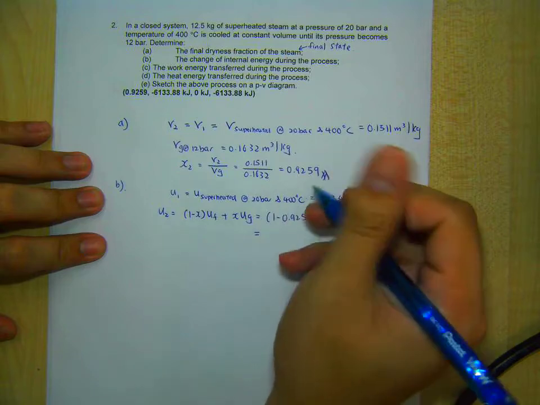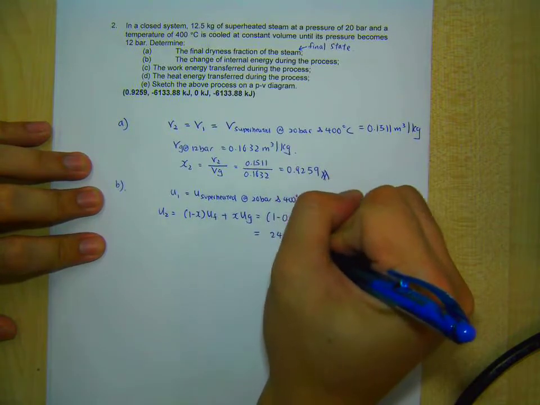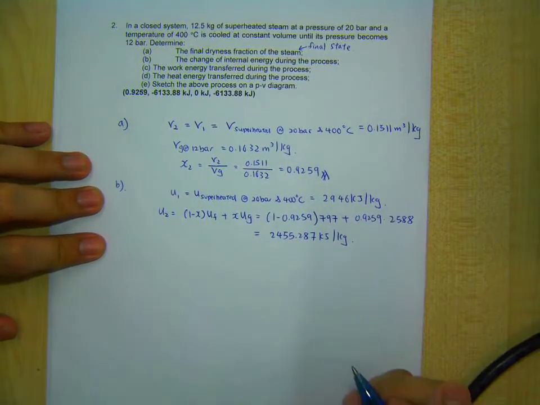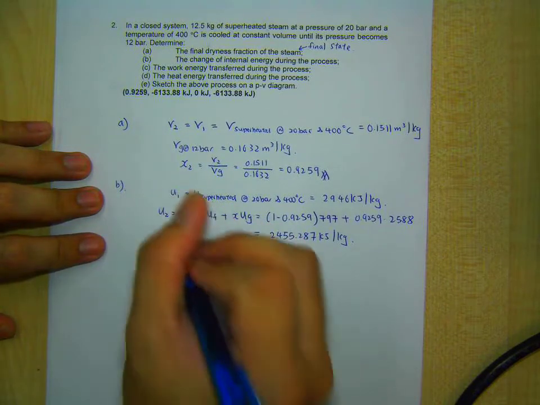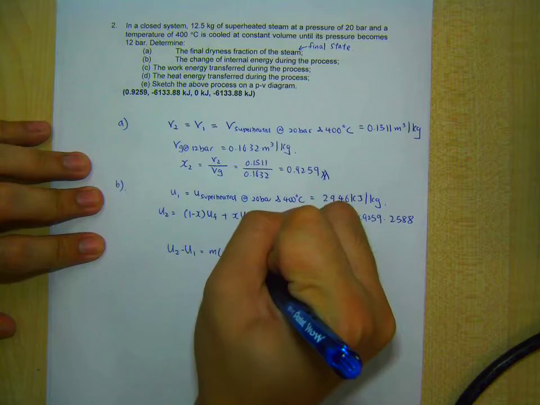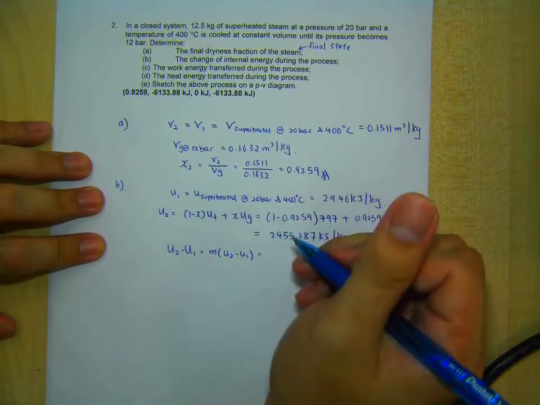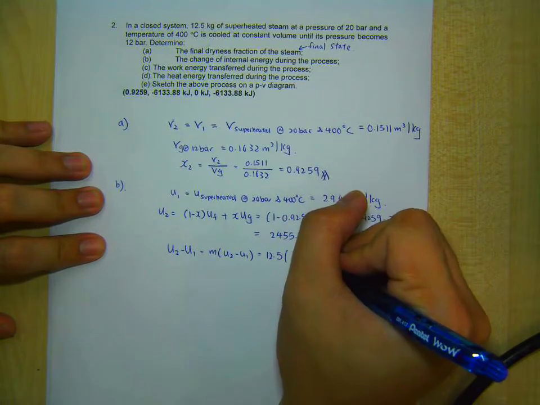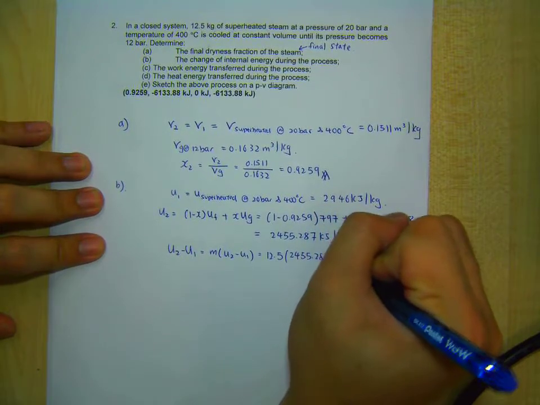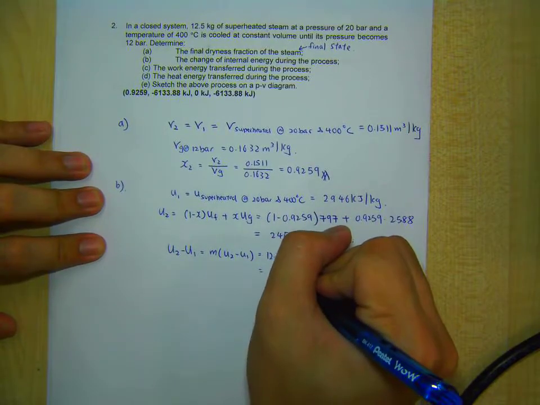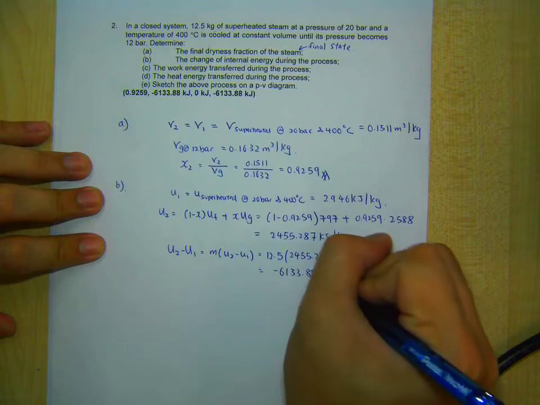Calculating this, you get 2455.287. To get the full change in internal energy, U2 minus U1, multiply by mass, 12.5 kg. This gives us minus 6133.88 kilojoule.